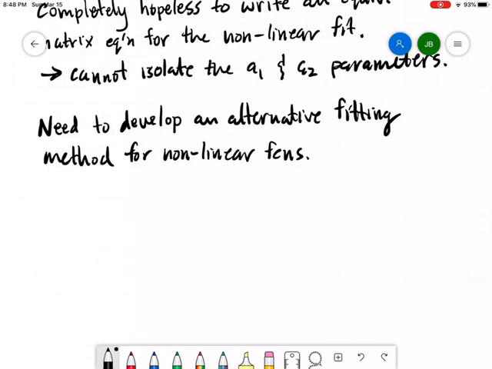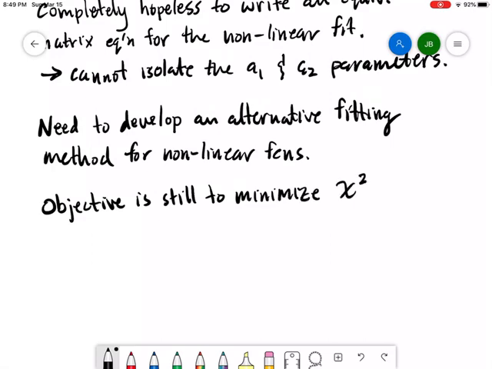So to start, we're going to think about trying to do this in the simplest possible way. So the objective is still to minimize chi-squared.